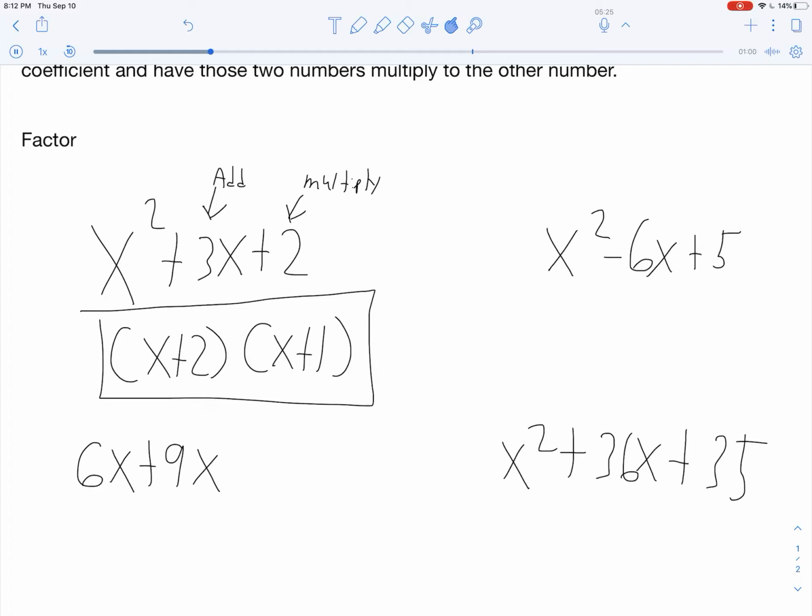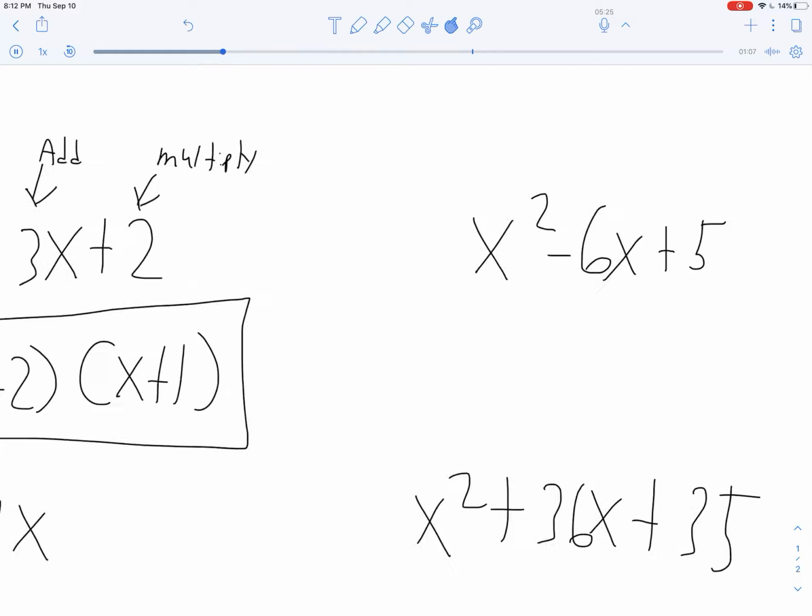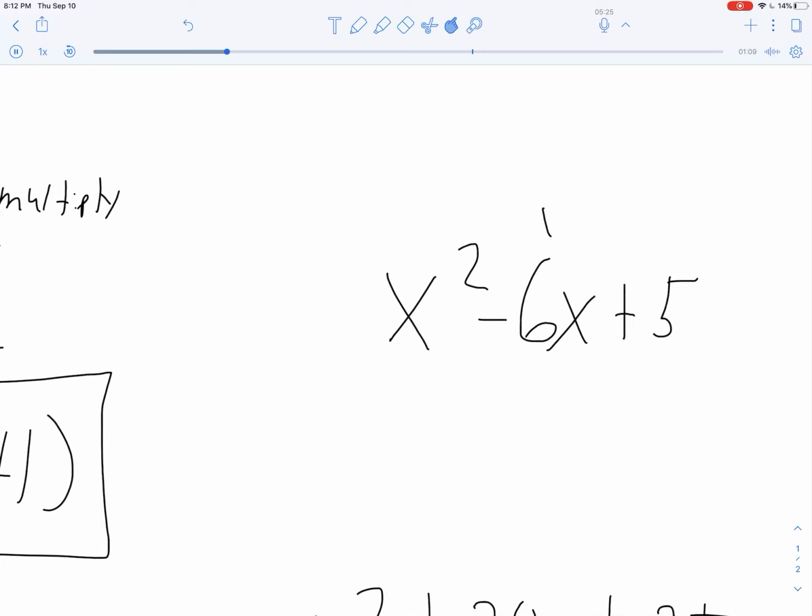Easy enough. All right, let's move on to the next one. So we have x squared minus 6x plus 5. The first thing I want to do is get two numbers to add to negative 6, and I want them to multiply to 5.